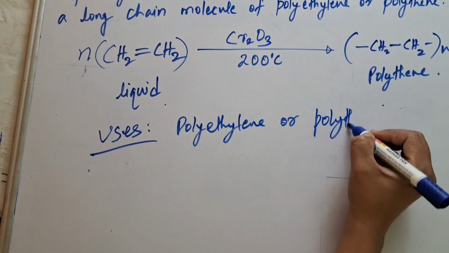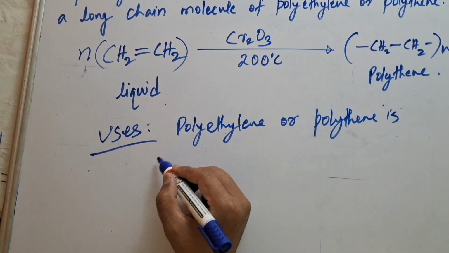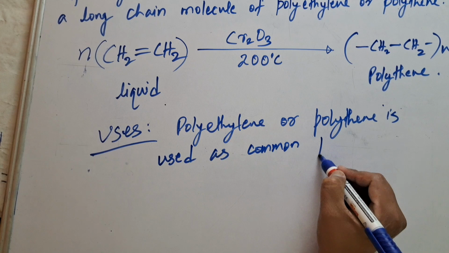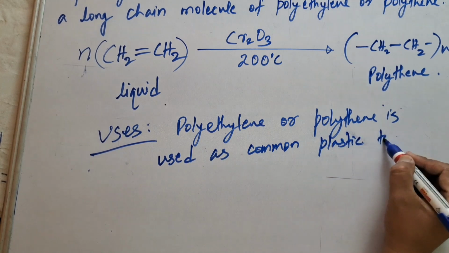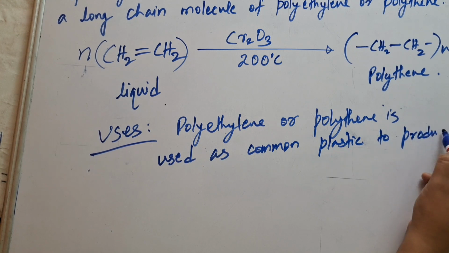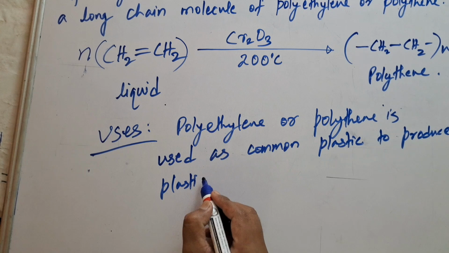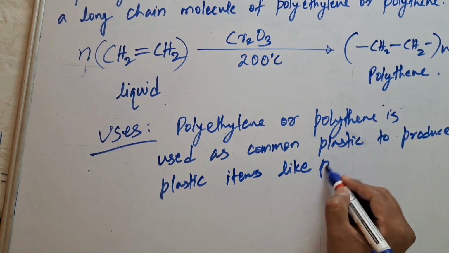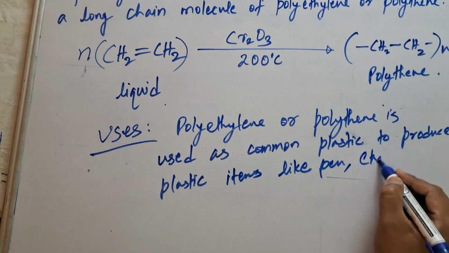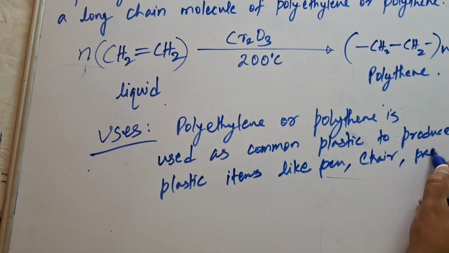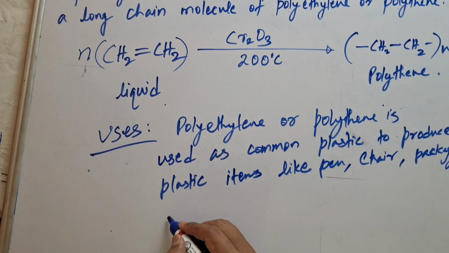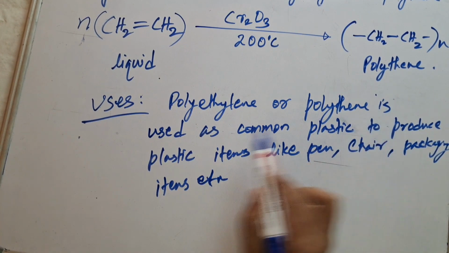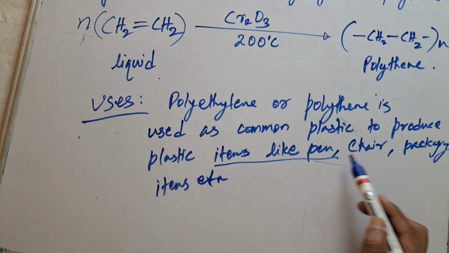Polyethylene is used as common plastic to produce plastic items like pen, chair, packaging items, etc. Okay.